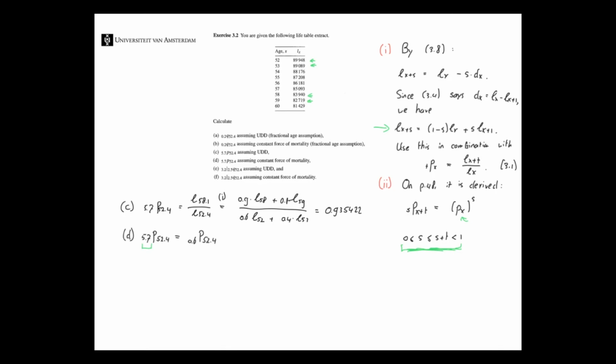Okay, now we are aged 53. How many more years do we need to live? Well, let's compute that actually. We know that if we start from 52.4 and we want to live for 5.7 more years, then we will reach the age of 58.1. So if we are age 53, we will have to live at least 5 more full years.